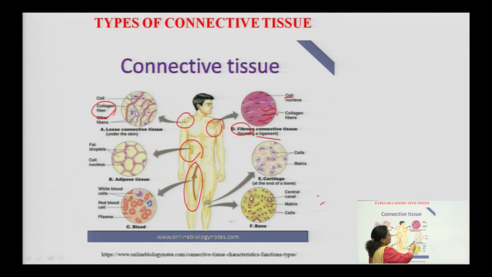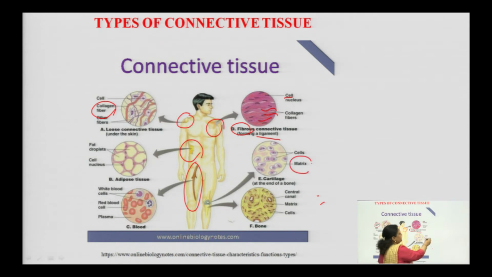After that, the fifth connective tissue, the example is the cartilaginous tissue. These are located at the end of the bones, and this cartilaginous tissue can join one bone end to another bone start. Okay. See the diagram, the cells are there and these cells are floating in the matrix layer.